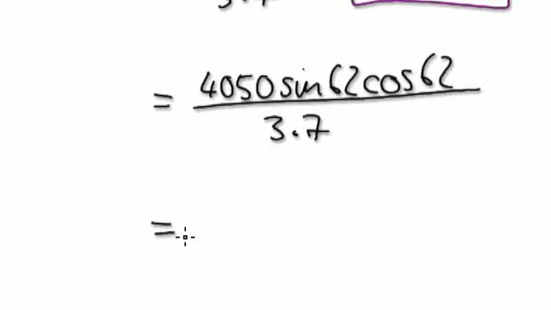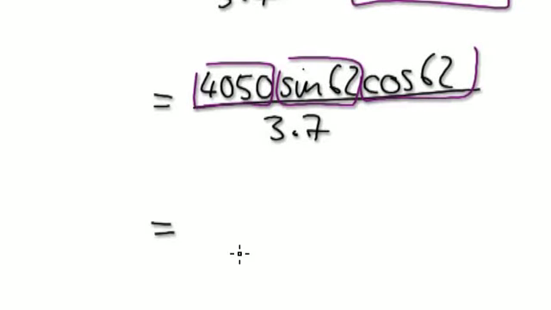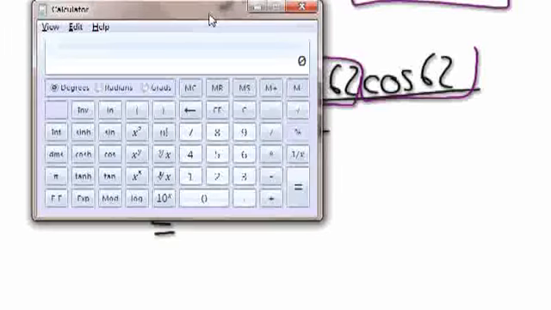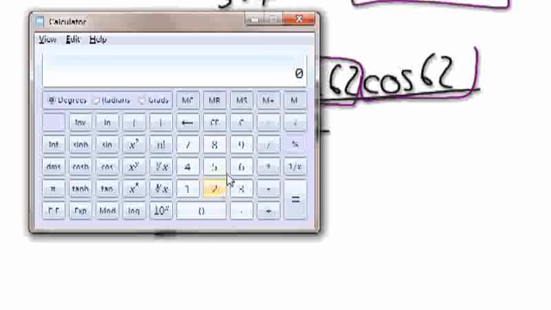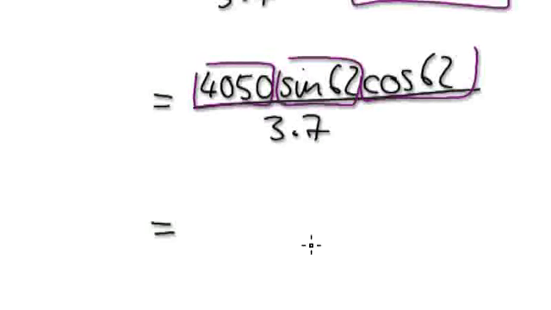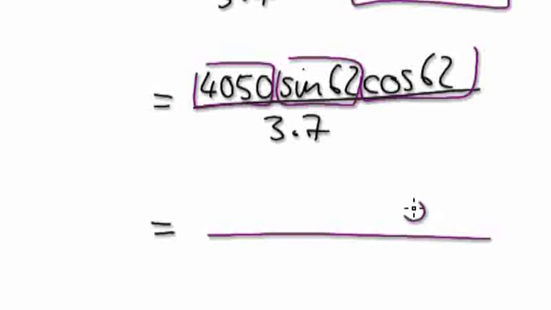Okay, so now you've got this times this times this. So just jump to your calculator and do it. I hate my calculator, so I'm going to do it one step at a time. So cos 62, where's cos? Cos is here, so that will be 0.47.